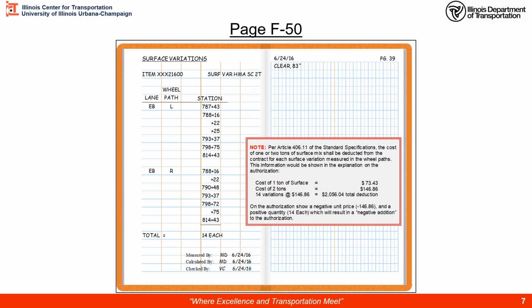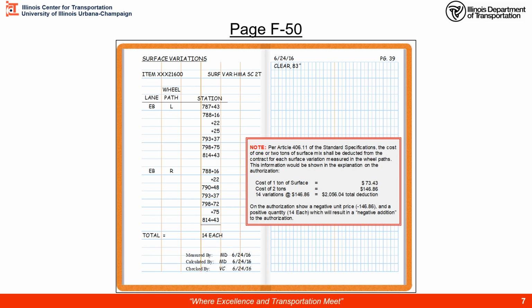It's always a good idea to record the cost of your variations as far as the deductions will go. Here's 1 ton as it was bid. This material is bid as $73.43 per ton. So that would be 1 ton deduction, and then the 2 ton deduction would be twice that. So that's recorded here.